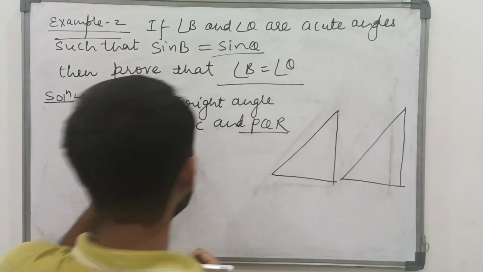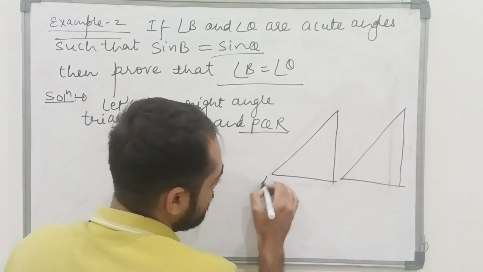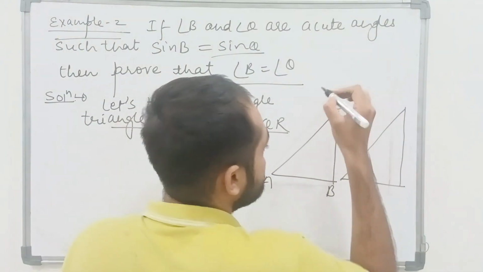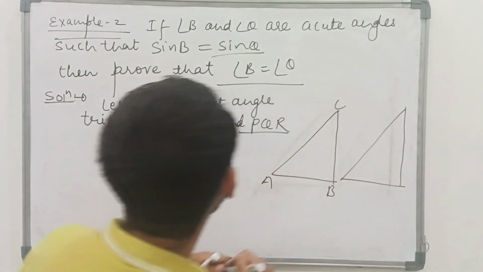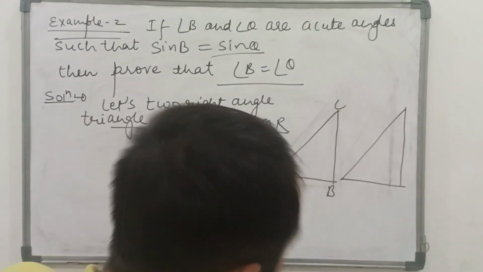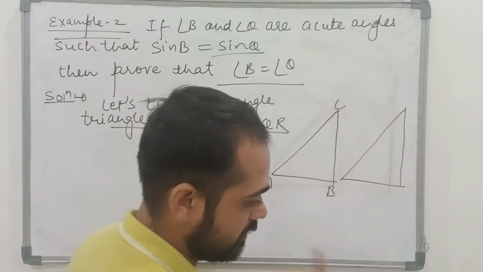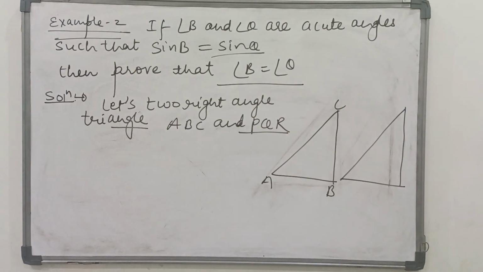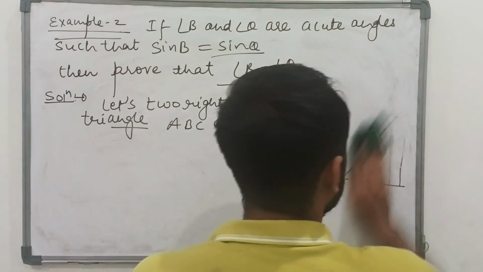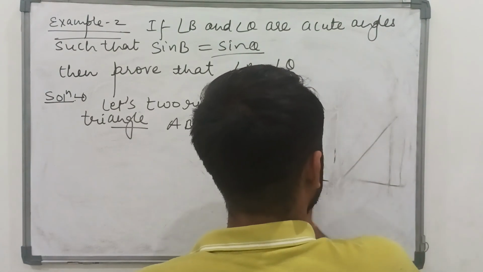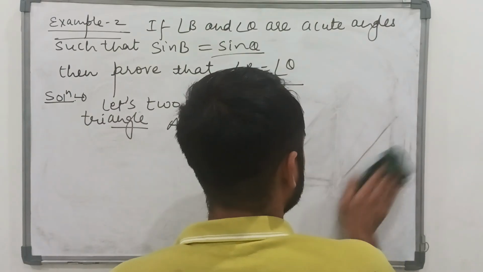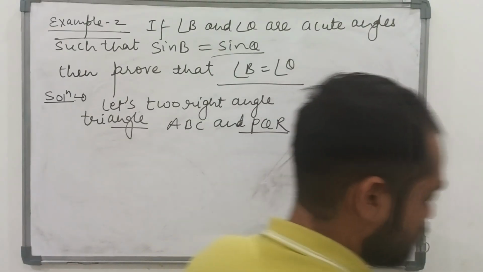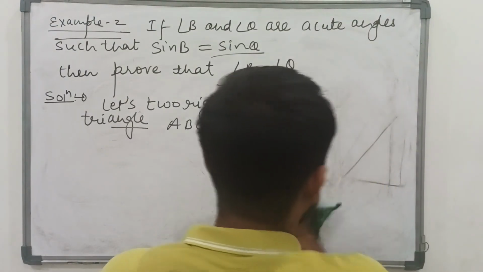Now the first is right angle triangle ABC. The second is another right angle triangle, not ABC, PQR. Properly we want to solve it. It's a very big area.